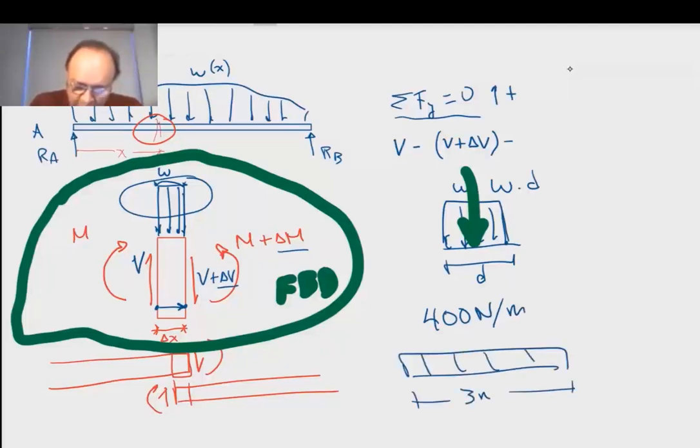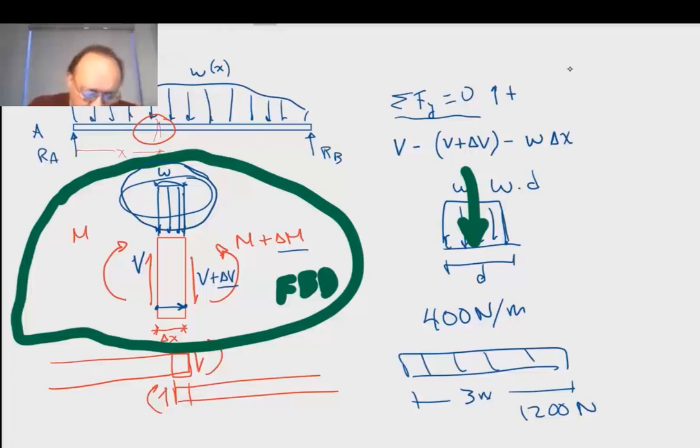That means that for every meter you have 400 newtons, so in 3 meters you have 1200 newtons, right? I hope this is already understood for you guys. So here the load is W times delta X. That will be the load.